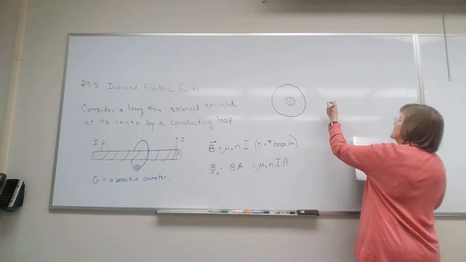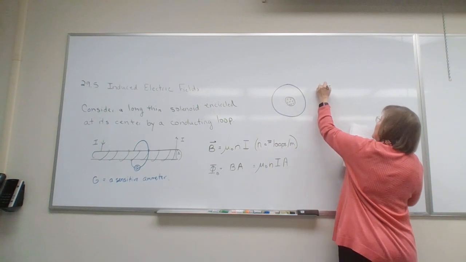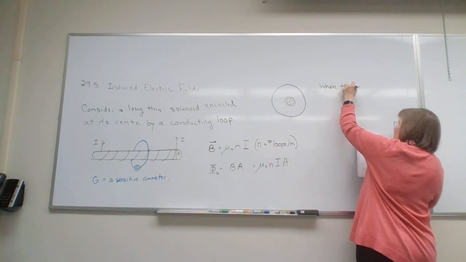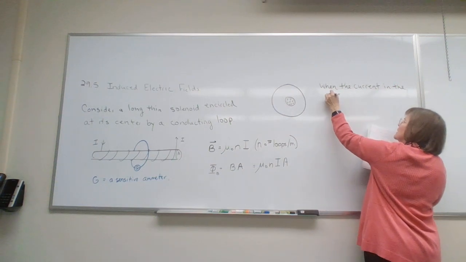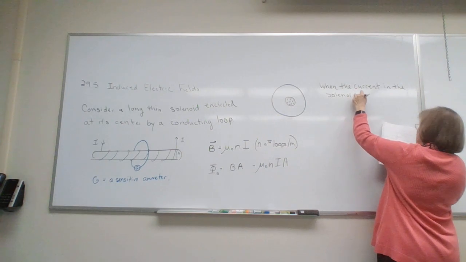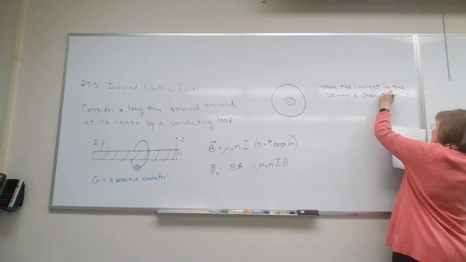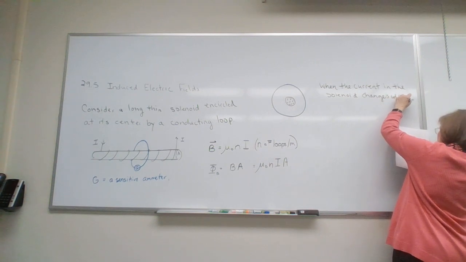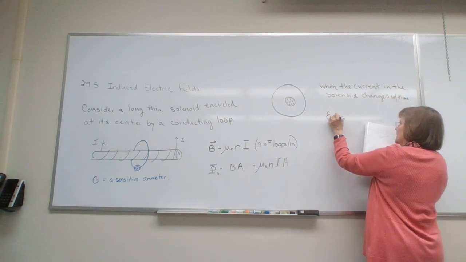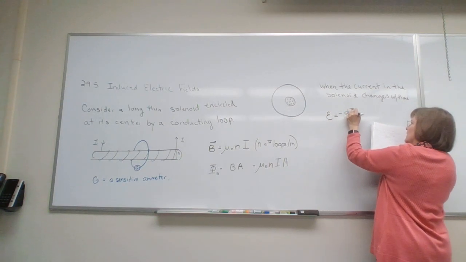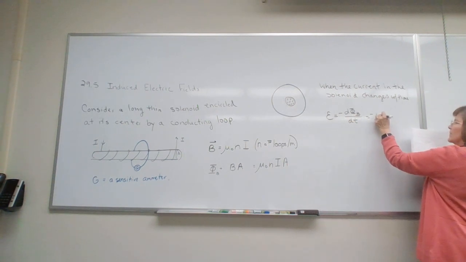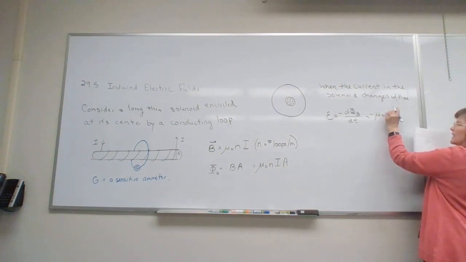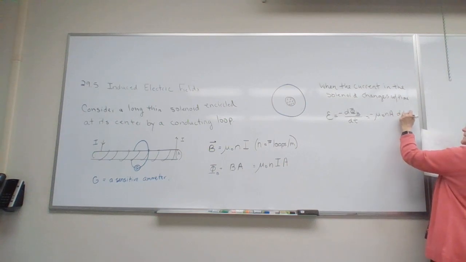The induced current. If the current in the solenoid changes with time, then the induced EMF is the negative of the derivative of the flux with time, which is going to be negative mu naught N A di dt.